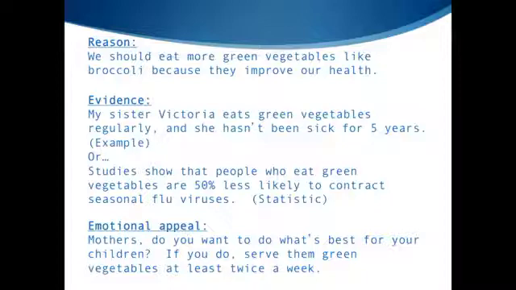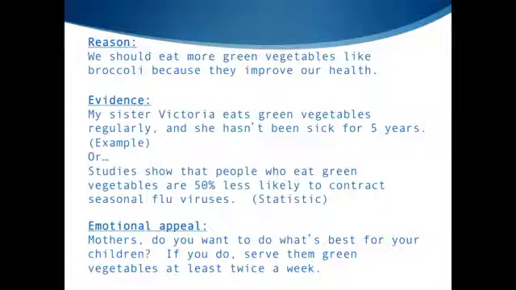So I feel like this slide is probably so easy that it's actually confusing. So don't get terribly caught up in terminology here. You know what a reason is, you know what evidence is. So if you have a basic understanding of what those two words mean, then you have an understanding of this lecture for the most part.